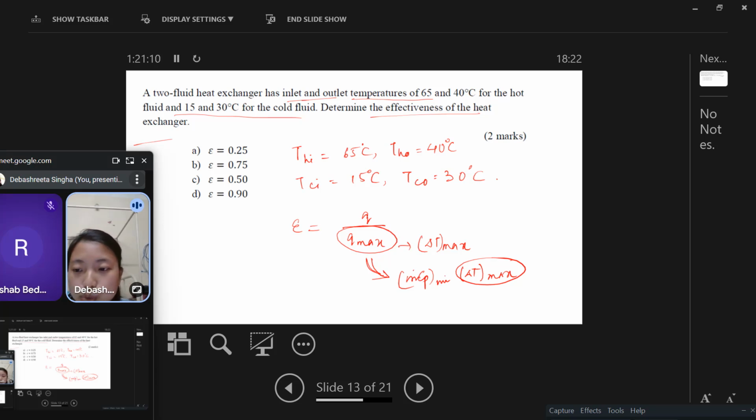I mean, for which fluid is the delta T maximum? Is it for hot fluid? Is it for cold fluid? Can you say which one is maximum? Is it hot fluid or is it cold fluid?